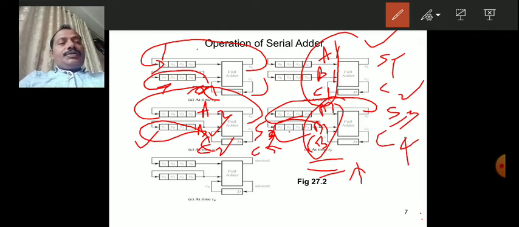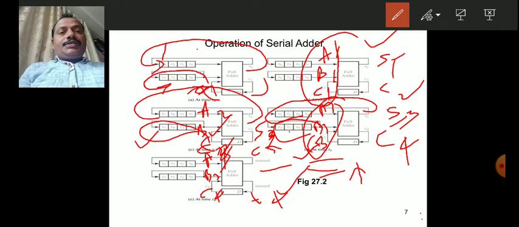And next, the same thing happens, and here C4 is delayed and fed back to the full adder, and A4 is available now, B4 is available. Once these bits are available, the full adder produces the output at time T4. So this is the operation of the serial adder.